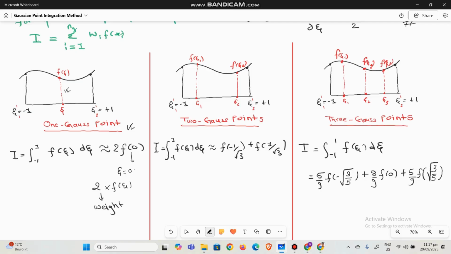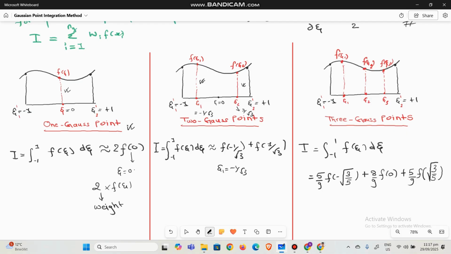Similarly, if we use 2 points, this is point 1 and this is point 2. Now you may have realized that this is the coordinate xi = 0, as this is -1 and +1. This is the middle point. So the first, xi1, would be here at -1/√3, and then xi2 would be +1/√3.